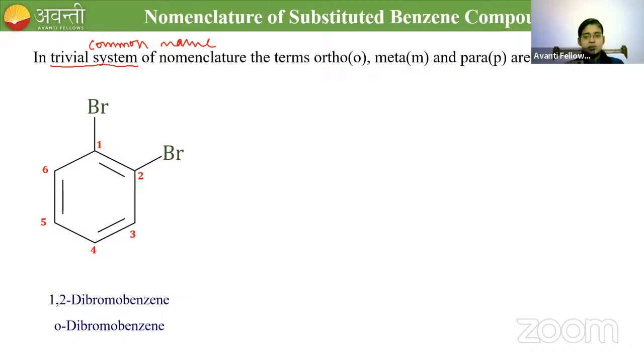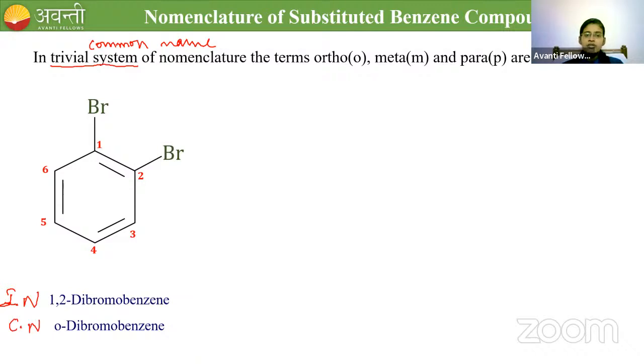The terms ortho, meta, para are used in the common naming, and in the IUPAC naming, we use numbers. The first is the IUPAC nomenclature and the second row is giving the common name of the compound.